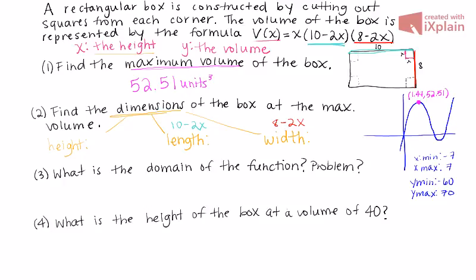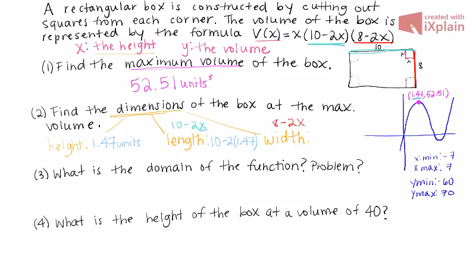So the height is easy because that is just your x value. All I have to write for the height of my box is the x value at the maximum point, which was 1.47 units. For the length of the box, I'm now going to have to utilize the expression 10 minus 2x. So I will type into my calculator 10 minus 2 times 1.47. The x value that we're using here is the same x value that we got over here.